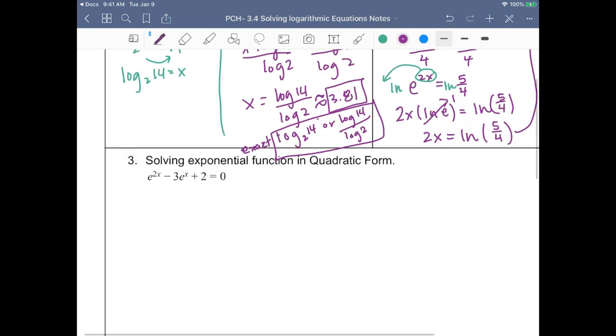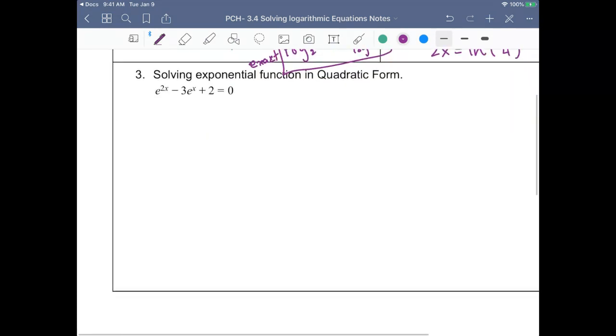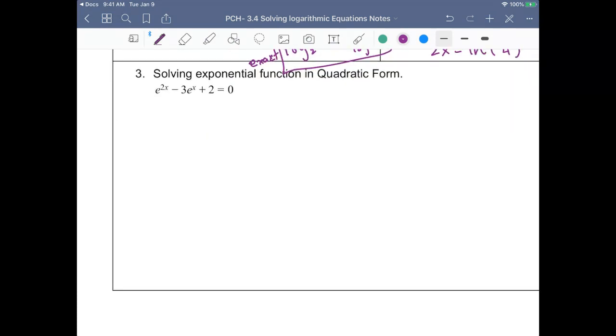All right, last one for exponentials, and then we're going to do some logarithmic functions. So solving with a quadratic looks really gross, but it's not as bad as you think. Okay, so I'm going to rewrite this. This is e to the x raised to the second power minus 3 times e to the x plus 2 is equal to 0. And I'm not keen on e to the x as my base, so I'm going to replace it with u.